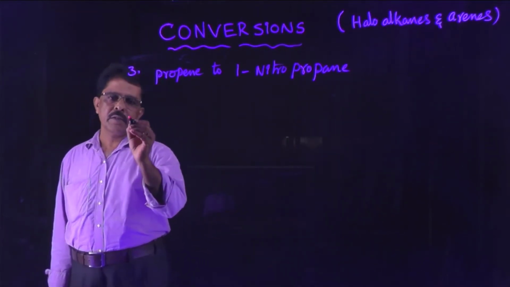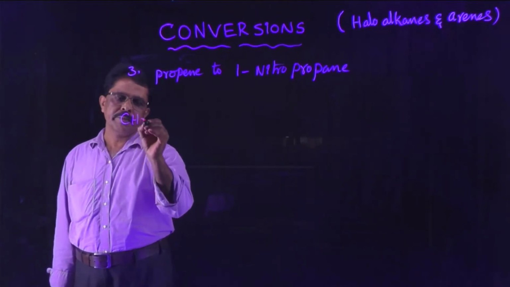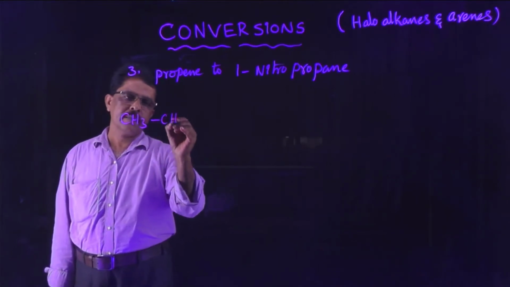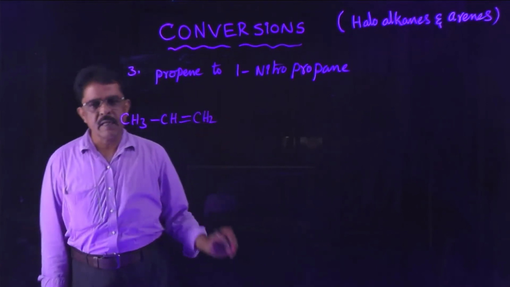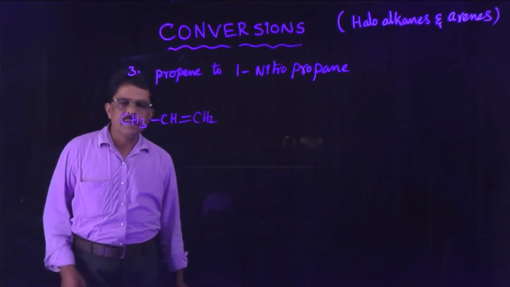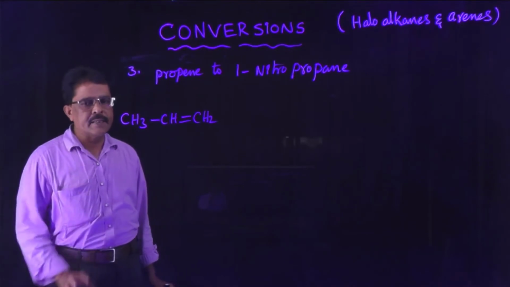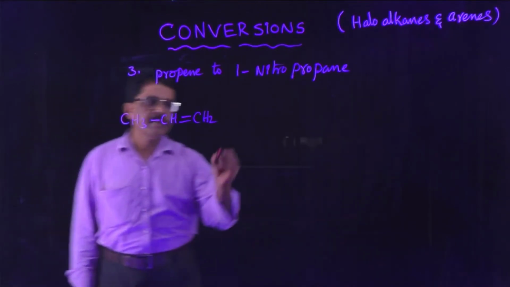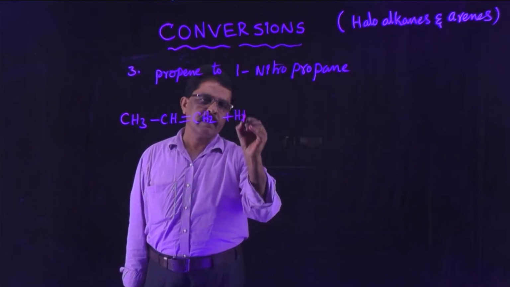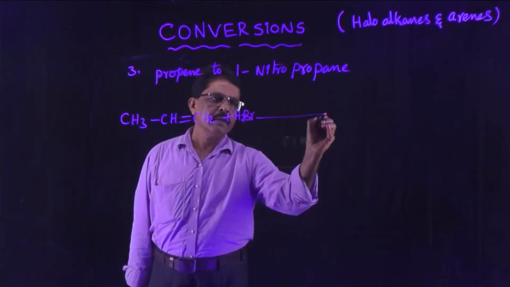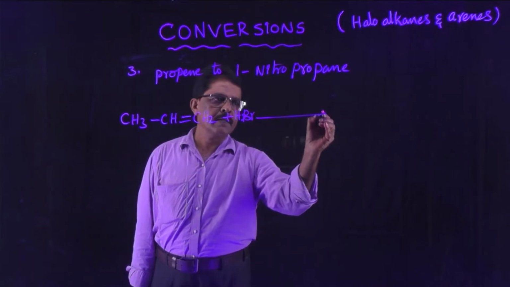Here the third conversion is propene to 1-nitropropane. Propene formula, you know it, CH3CH=CH2. This is the alkene. Which type of alkene? This is an unsymmetrical alkene. This unsymmetrical alkene reacts with HBr in the presence of peroxide.